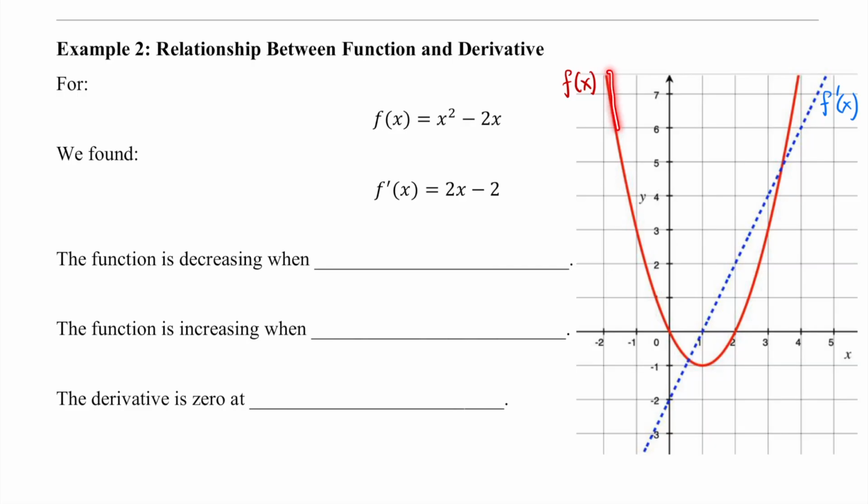If you look at the red curve, you can see that at x equals 1, the graph reaches its lowest point. And if you want to draw the tangent line at this point, it's a horizontal line. So the derivative is 0 at x equals 1.